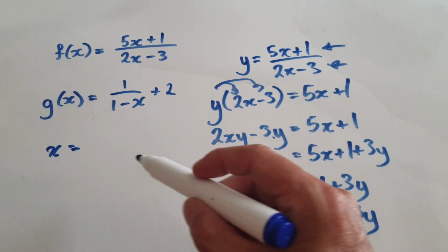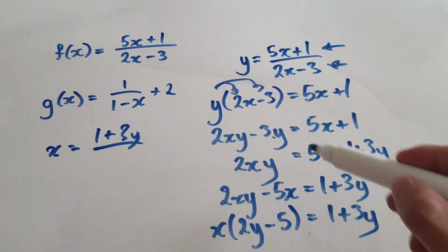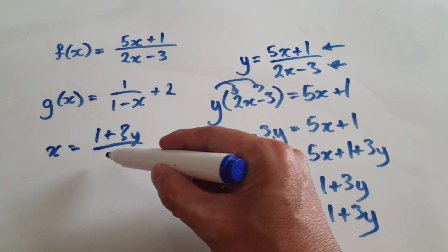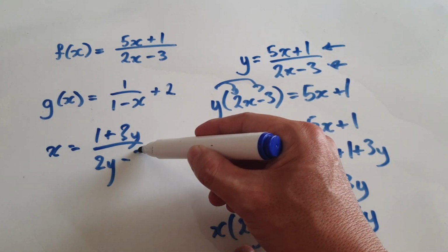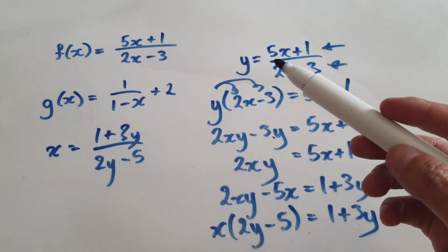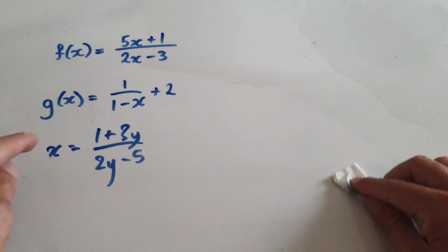So that will then give us x equals 1 plus 3y over this thing here, 2y minus 5. And the trick to finding the inverse function would be to switch the x and the y's around.